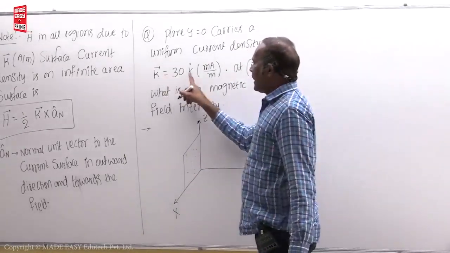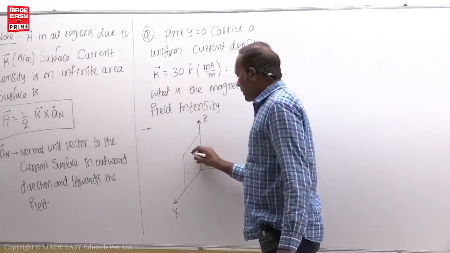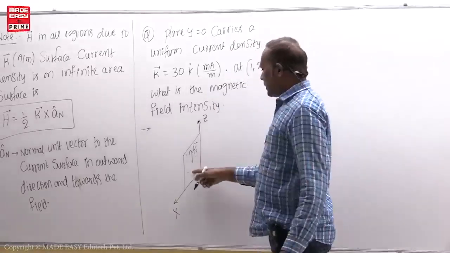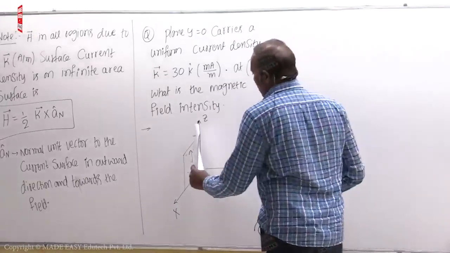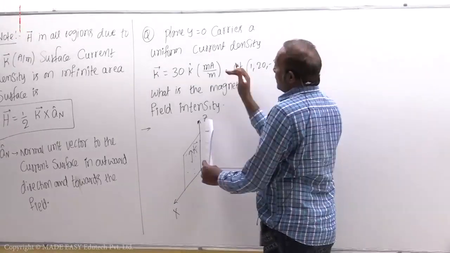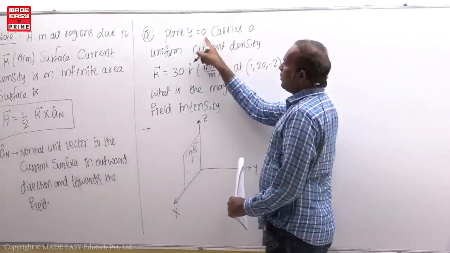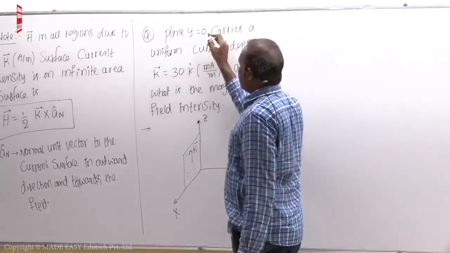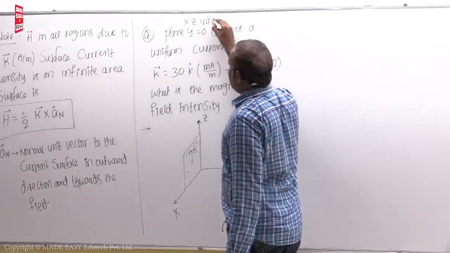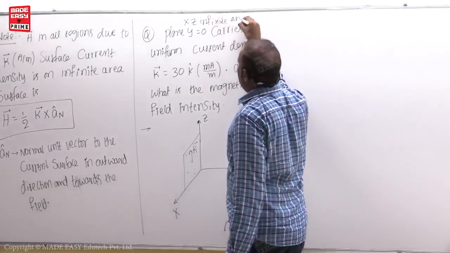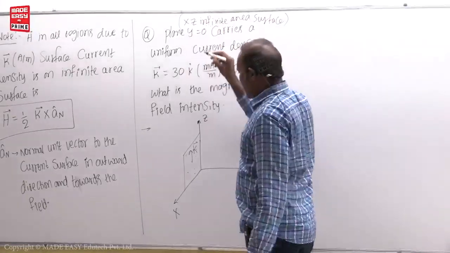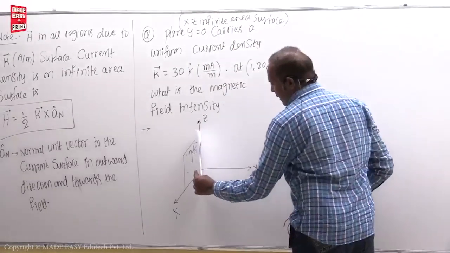On this, K bar, k cap means az cap, so K bar is in the z direction, like this. This is the current surface. So this is an infinite area surface, the xz plane.